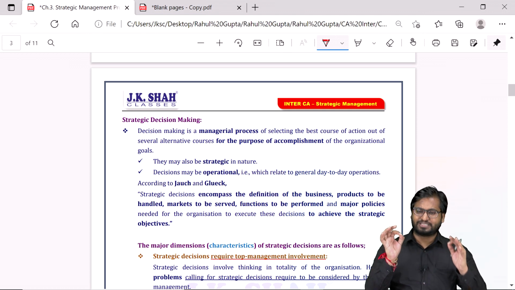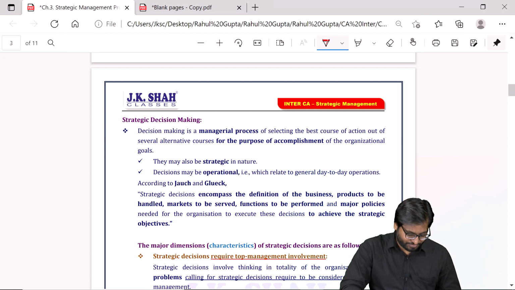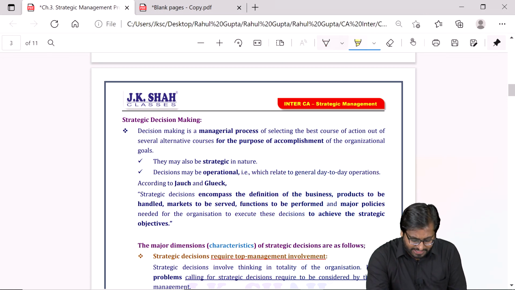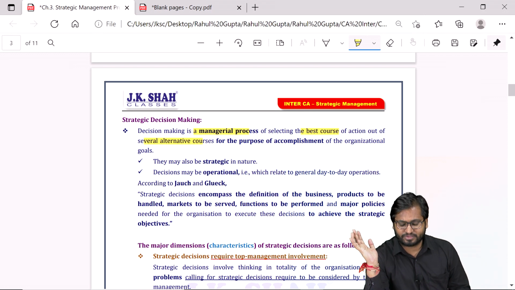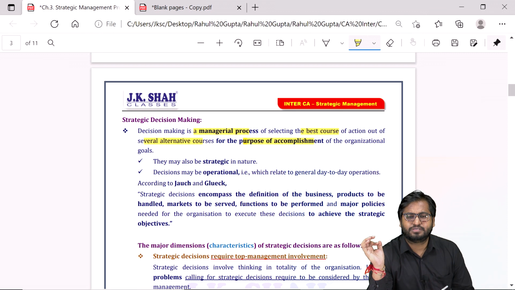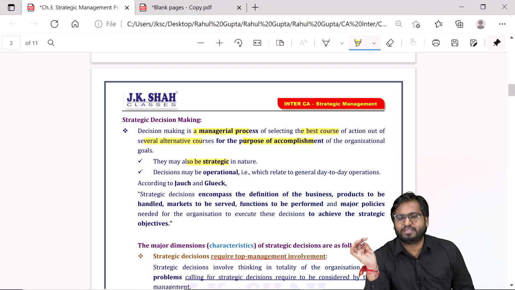So let's try to understand strategic decision making. As you can see, decision making is a managerial process of selecting the best course of action out of several alternative courses. We have many options, we will choose the best one for the accomplishment of organizational goals. So there may be strategic decision making, there may be operational decision making.